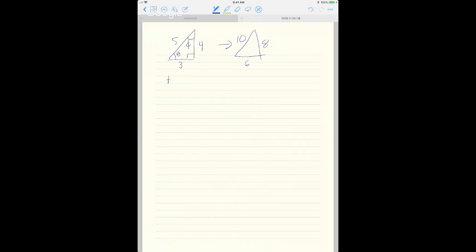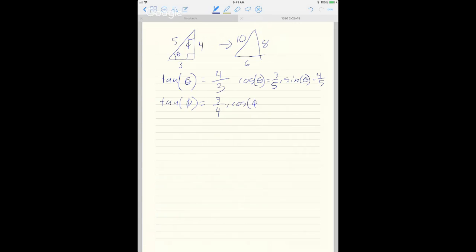Then I can see that the tangent of theta is going to be 4 divided by 3. The tangent of phi is going to be 3 divided by 4. And I could set up some other ones, like cosine of theta is 3 over 5, and the sine of theta is 4 over 5.